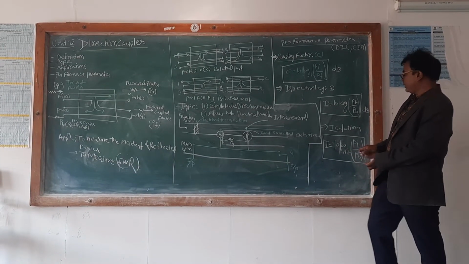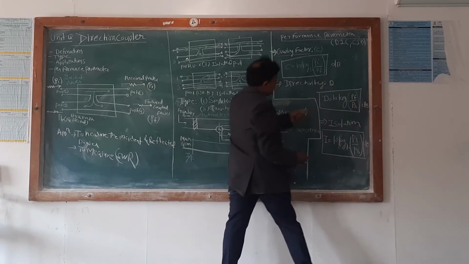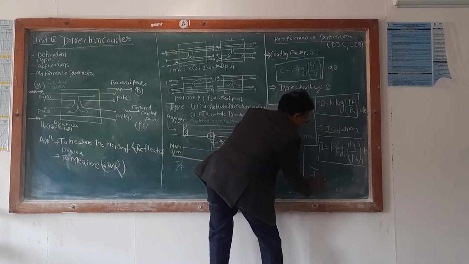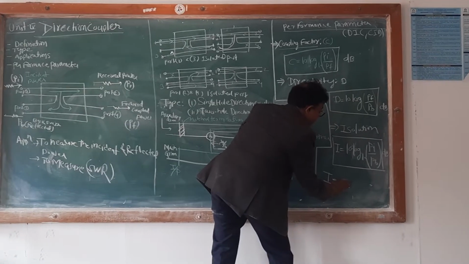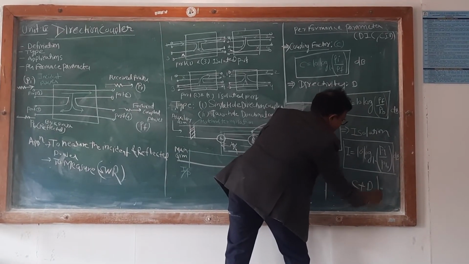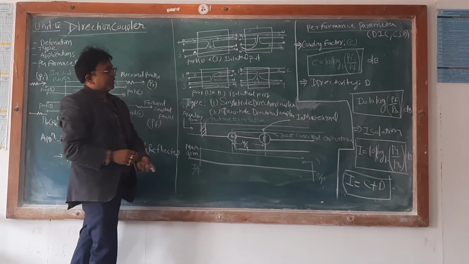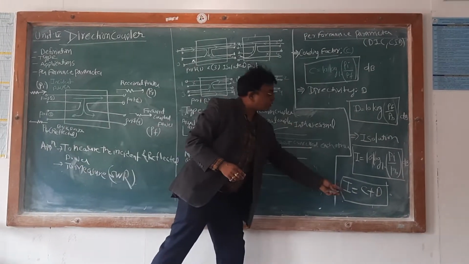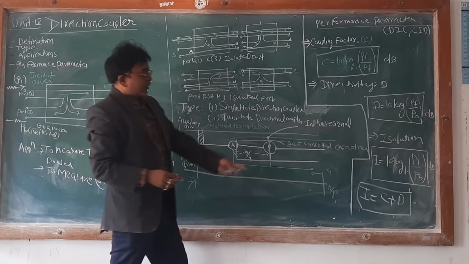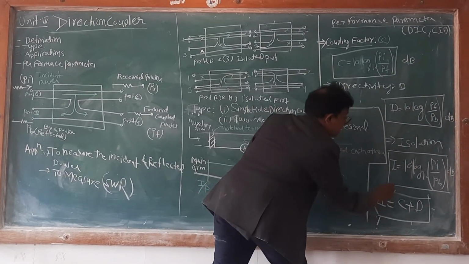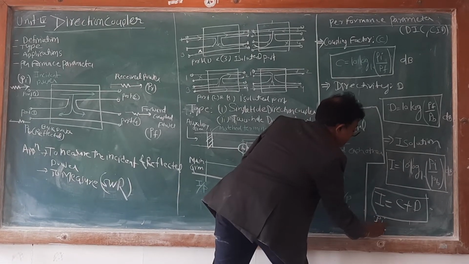So here you can see that there is a relation among all these three. What is the relation? You can conclude that your isolation factor is a sum of coupling factor and directivity, because isolation is Pi upon Pb.